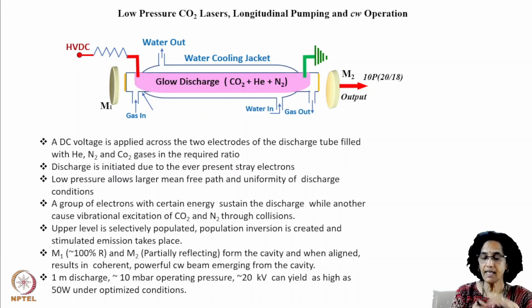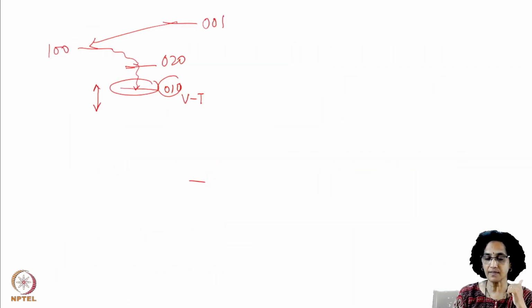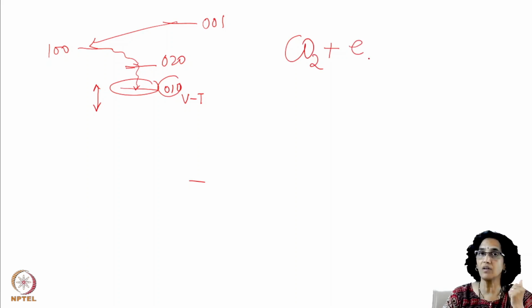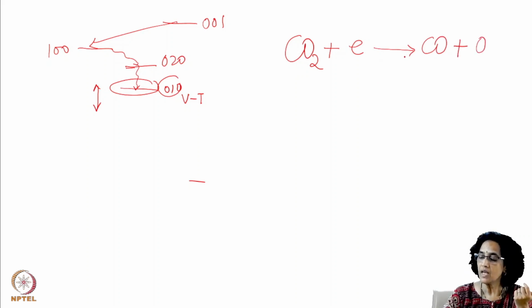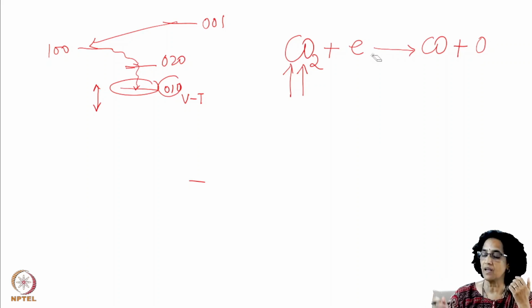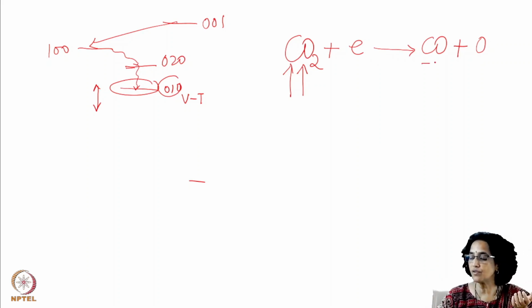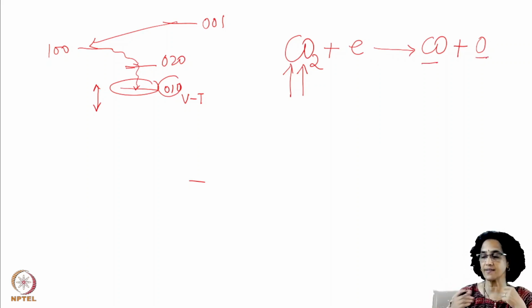But in the discharge, what happens is that the CO2 gas, when it collides with energetic electrons, it can get dissociated into CO and oxygen. This is a reversible reaction, but initially your concentration of CO2 is so high that this forward reaction is much more active, and therefore formation of CO and oxygen takes place inside the discharge.